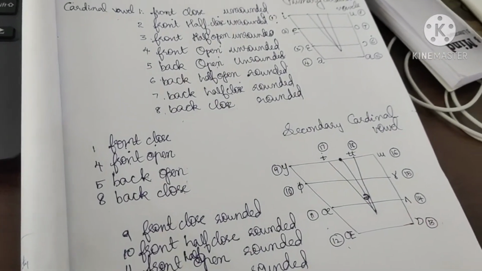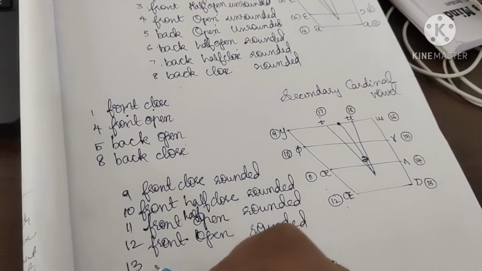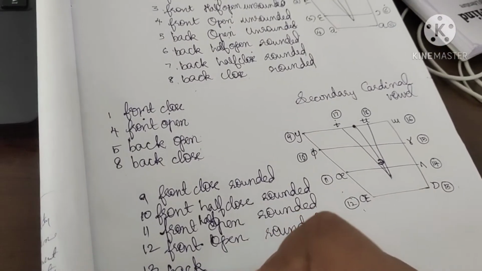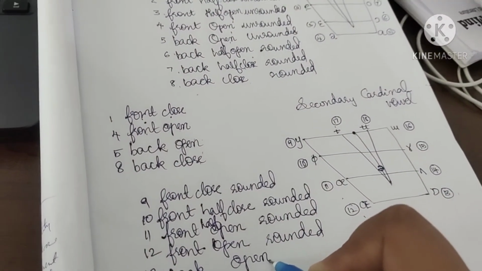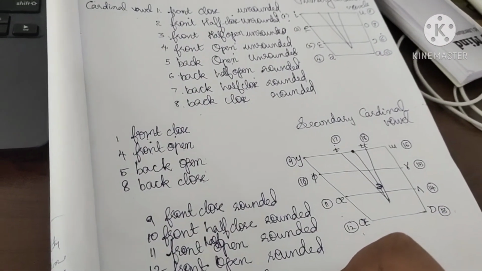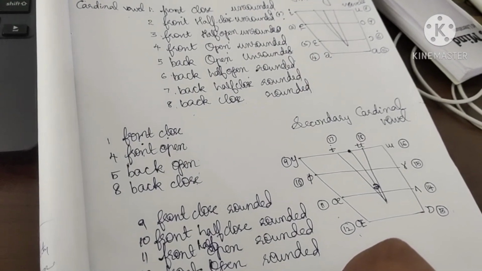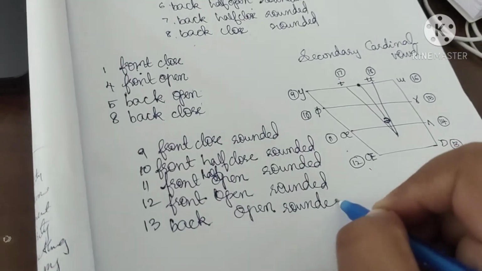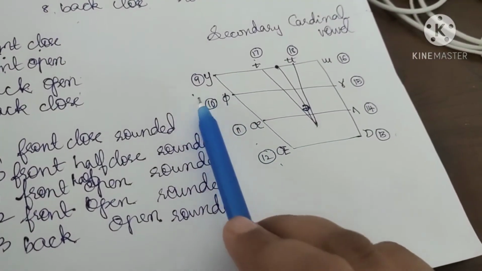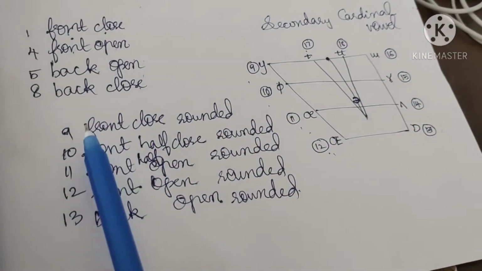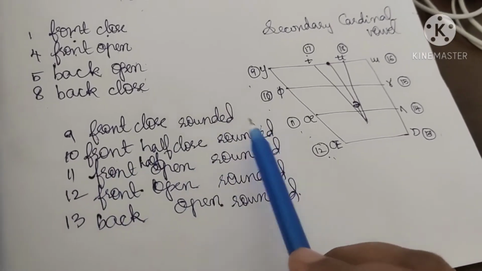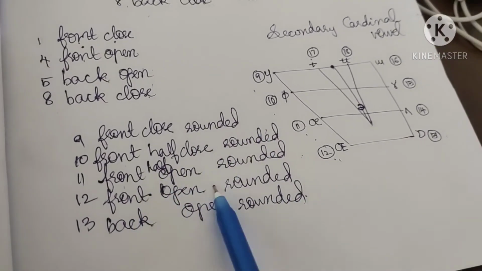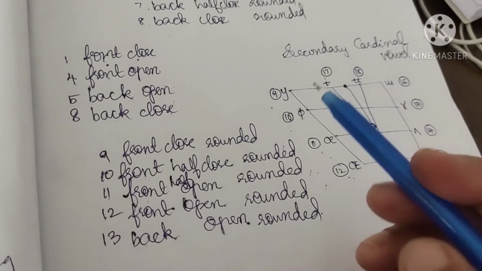And 13 will be back, open. So it is the opposite of 5. Back, open, unrounded it is. So here we will write back, open, rounded. So 9, 10, 11, 12, 13. Here front close rounded, front half close rounded, front half open rounded, front open rounded, back open rounded.